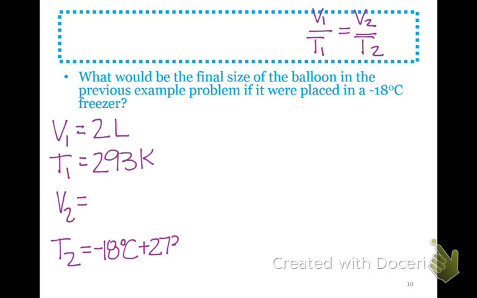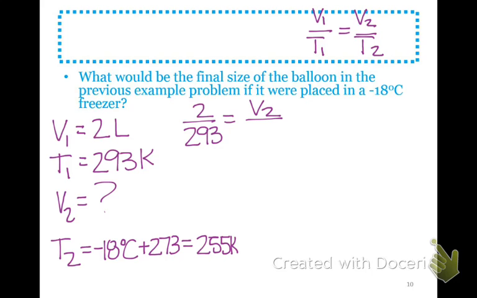So now we're going to add 273, or basically take 273 and subtract off 18. So 255, and find V2. So now it's just a matter of taking 2 over 293 equals V2 over, in this case, 255. And we can find what that new volume is.